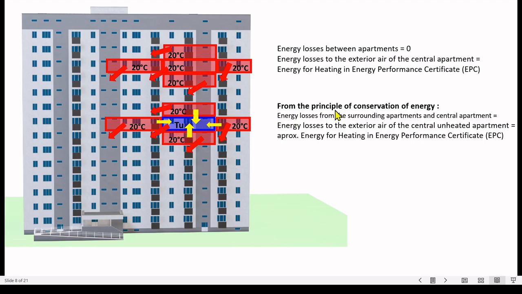And from the principle of conservation of energy, the energy losses from the surrounding apartments to the central apartment are equal to the energy losses to the exterior of the central unheated apartment, which is approximately equal to all those thermal flows for 20 degrees apartments.